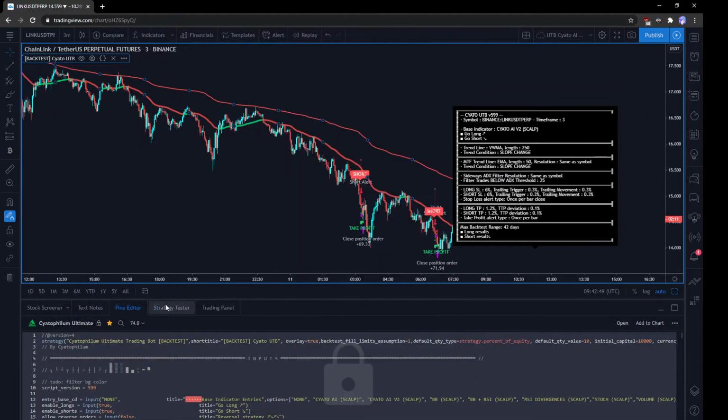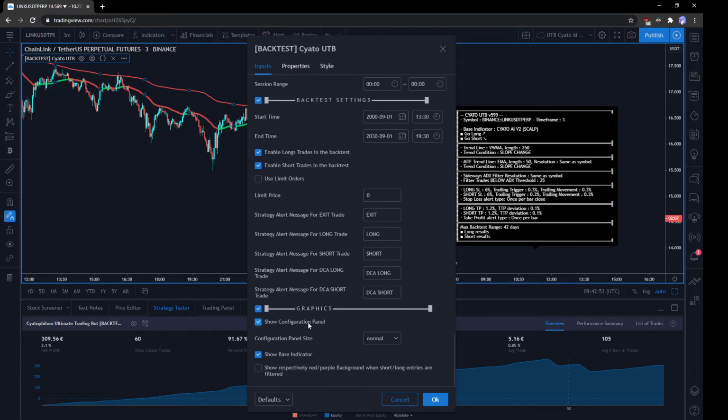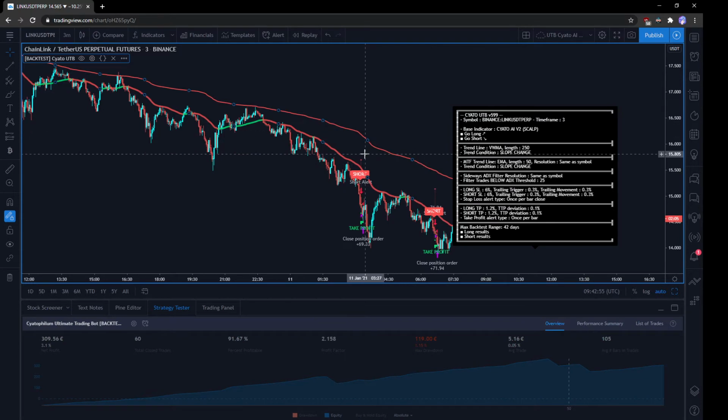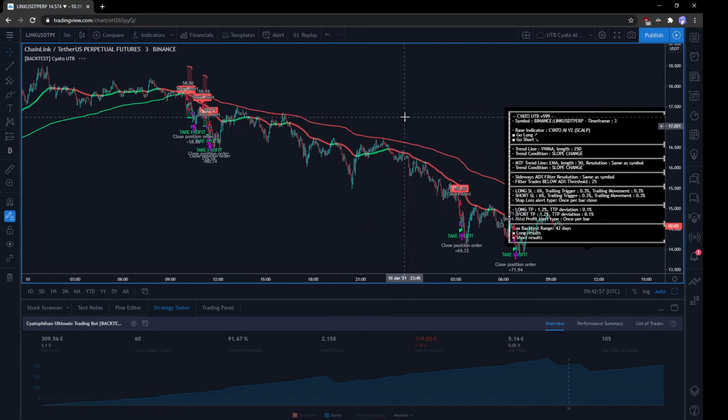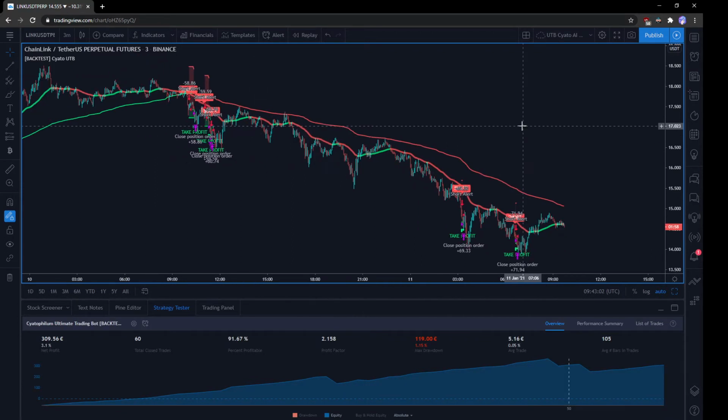Okay, so this is not what I wanted to click. Fine. Okay, so I'm going to hide the panel. So when you click on the link to the chart, you will be able to copy it, and you will have access to the indicator settings, and you will be able to modify it if you want.